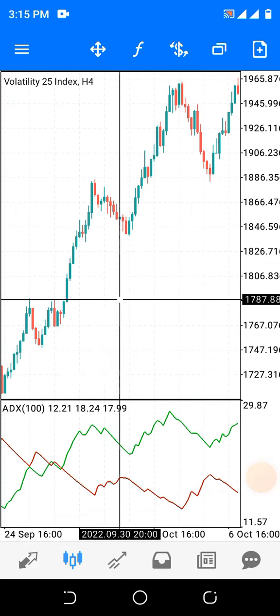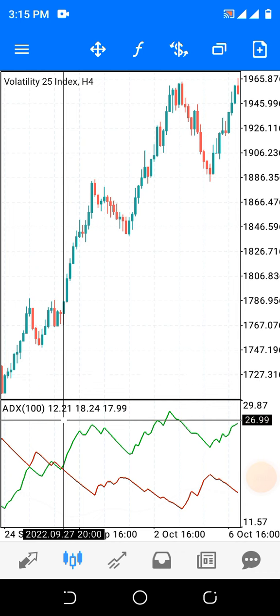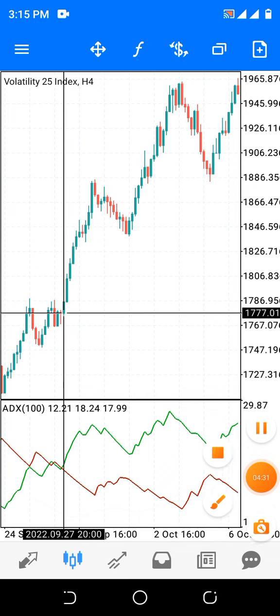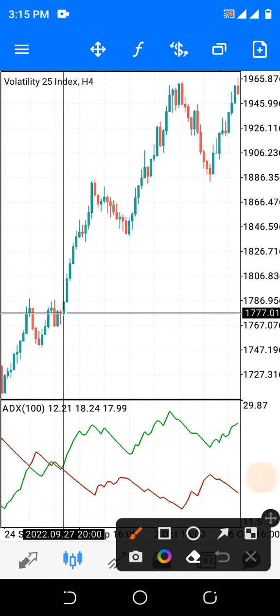Now here, watch here. The green line of ADX crosses the red line of ADX. You see it? The green line crosses the red line, which is a confirmed buy signal. So I want you to make your buy entry because the green line crosses the red line, which is a clear buy signal.